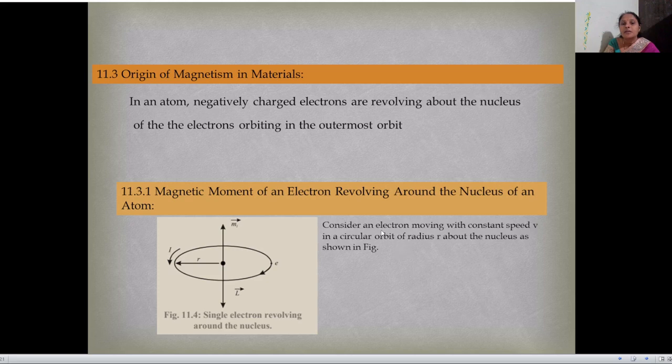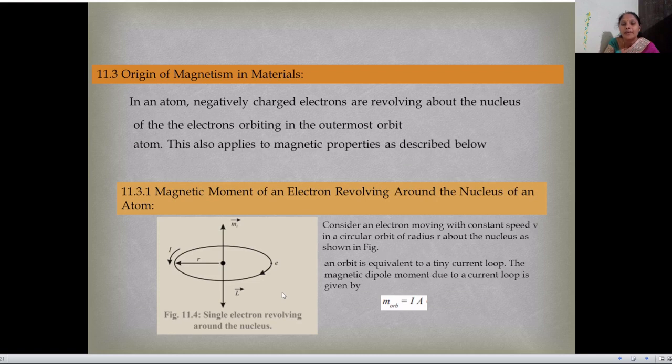Consider an electron moving with a constant speed v in a circular orbit of radius r about the nucleus, as shown in the figure. An orbit is equivalent to a tiny current loop. The magnetic dipole moment due to a current loop is given by m orbit equals IA.